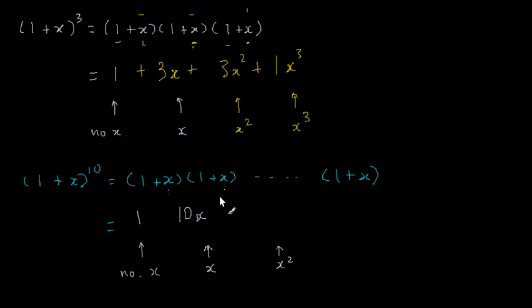You can imagine that it's going to be a lot more complicated than the first 2 cases. There are many more ways that we can do this. From the 10 brackets, I have to think of how many ways I can pick 2 of the brackets. So it's like a problem in which I have 10 objects and I have to think about how many ways I can pick 2 of them.